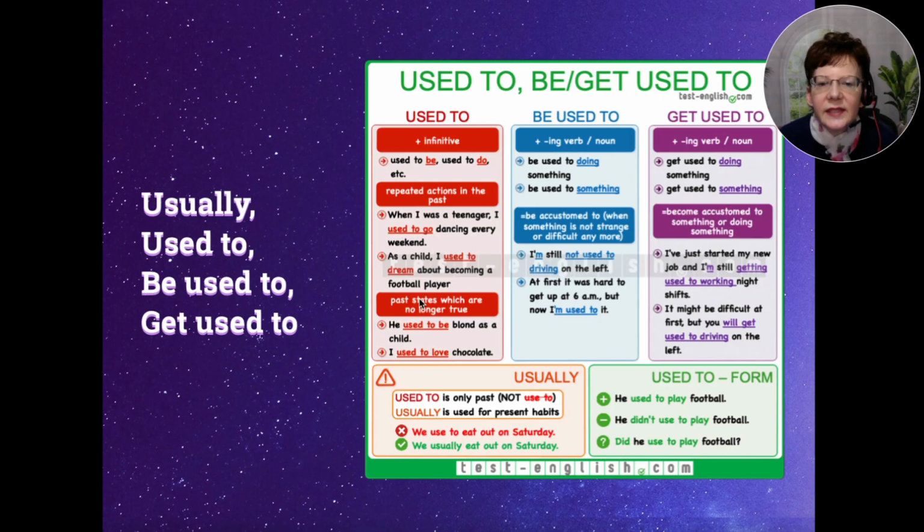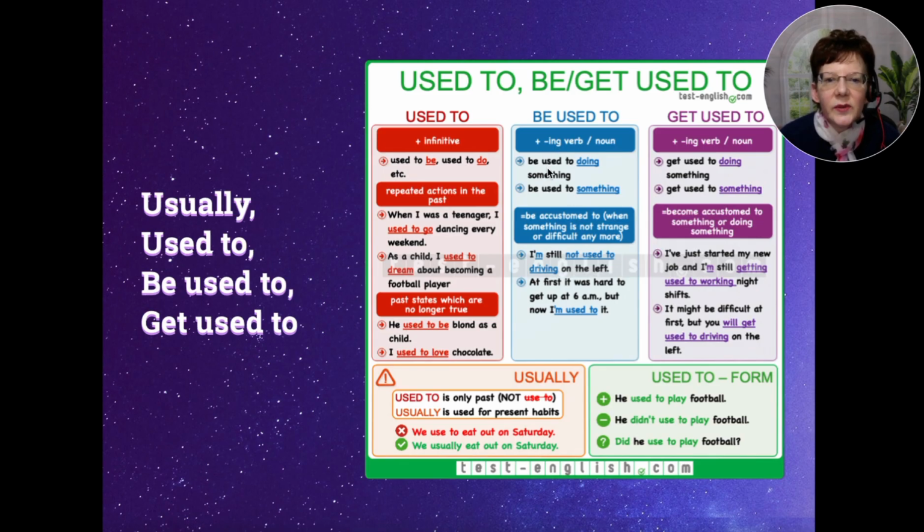And then there's past states, which are no longer true. For example, he used to be blonde as a child. And then we have be used to. This is used with an ing verb or a noun.